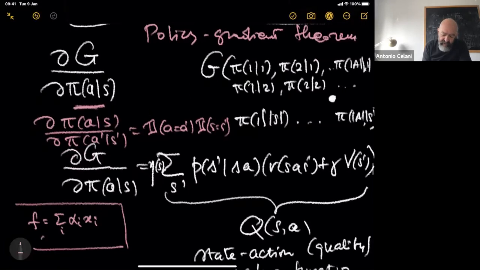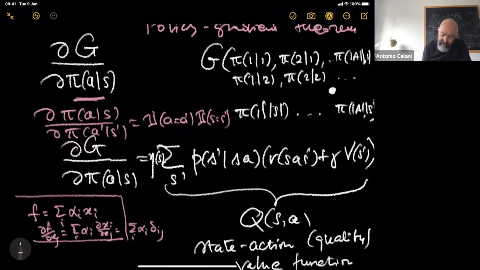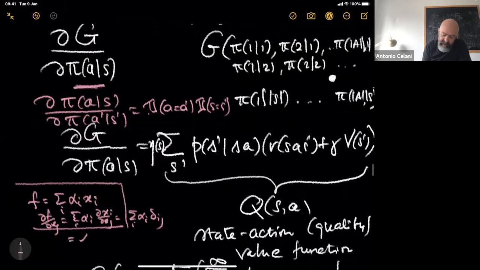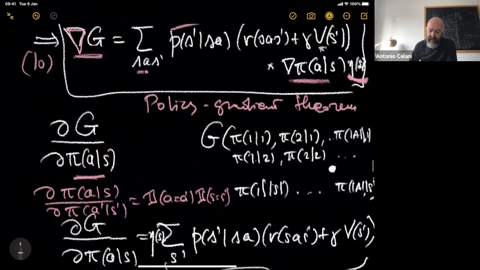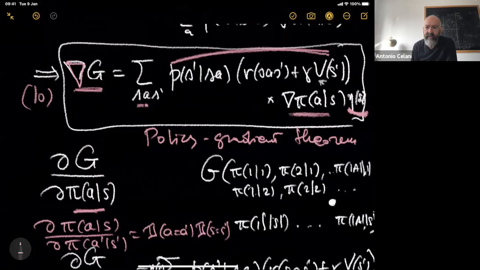Then if I take the derivative with respect to x_j, it becomes the sum over i of alpha_i times dx_i/dx_j, which is just the sum over i of alpha_i delta_ij. This is the Kronecker delta. And therefore, this becomes alpha_j. This is all I'm doing here.